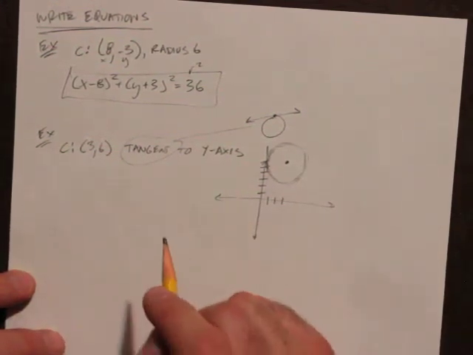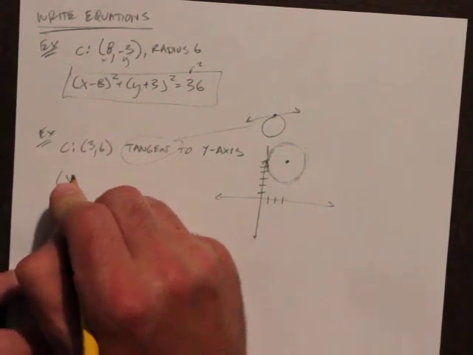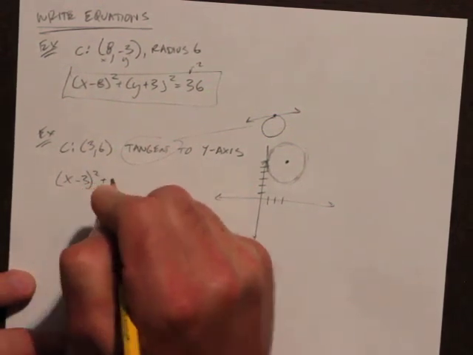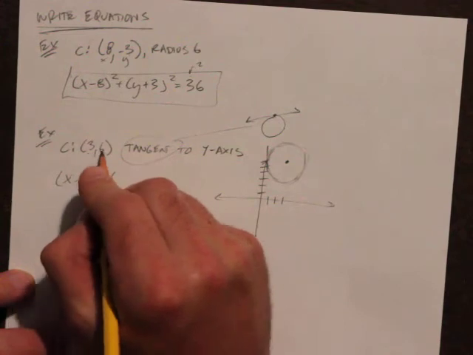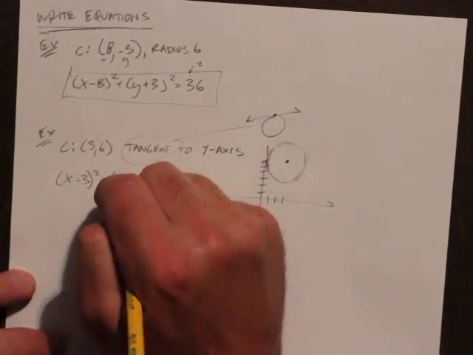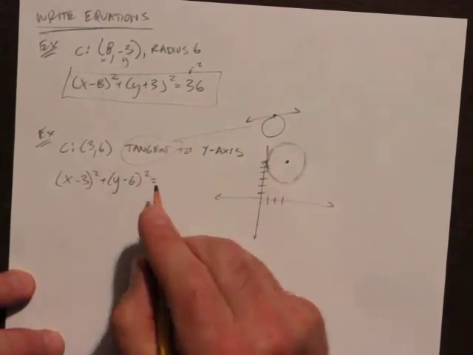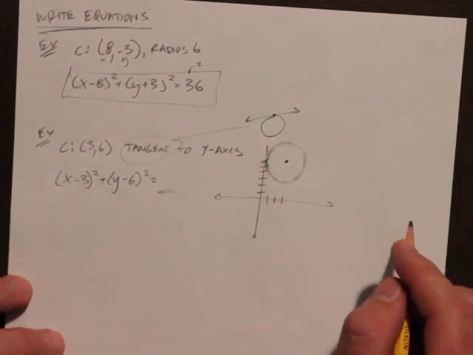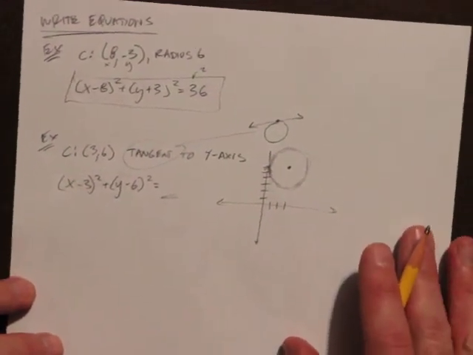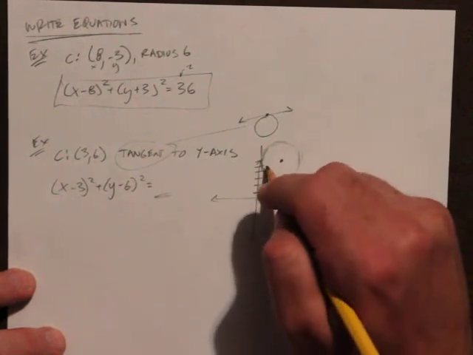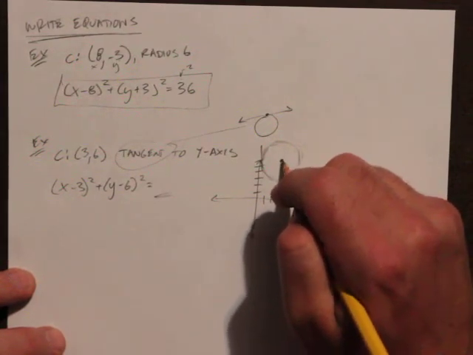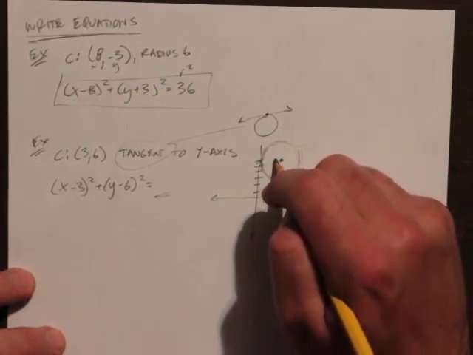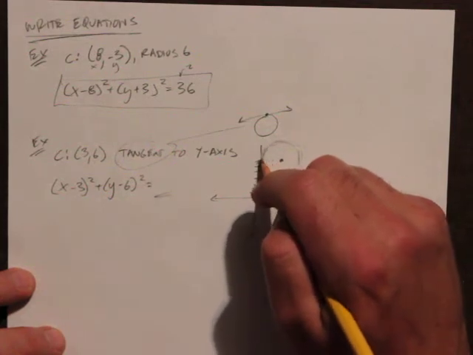So if I'm going to write the equation, I've got x minus 3 squared plus, I look at my center here to find these numbers, right? y minus 6 squared equals, now I've got to find out what my radius is here, and then I've got to square it. So I look here and I say I am right here, my center, and here's my radius, 1, 2, 3.